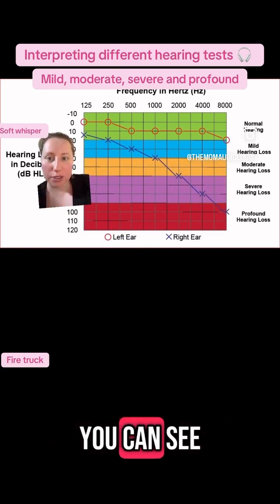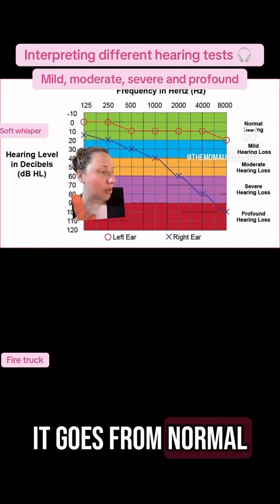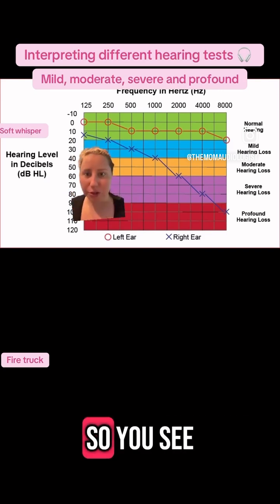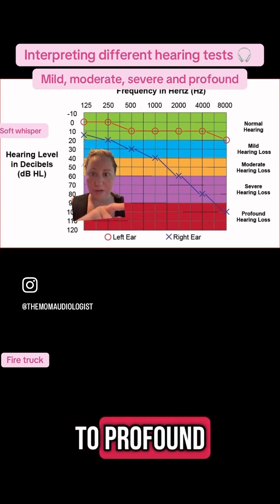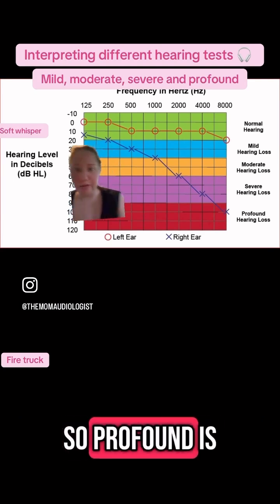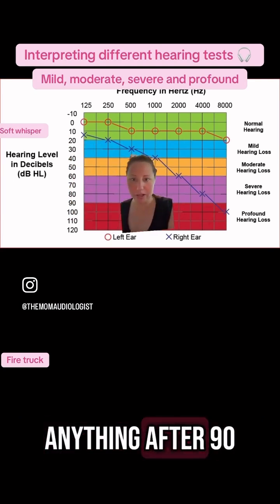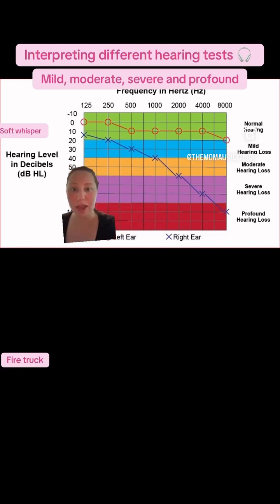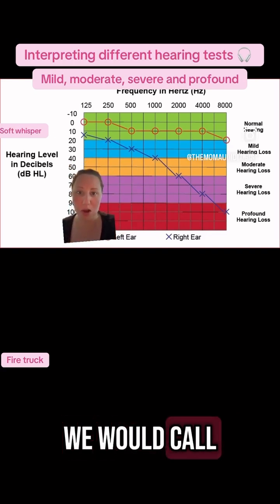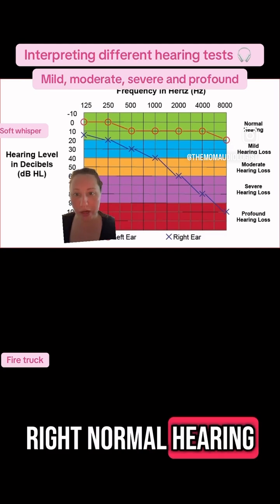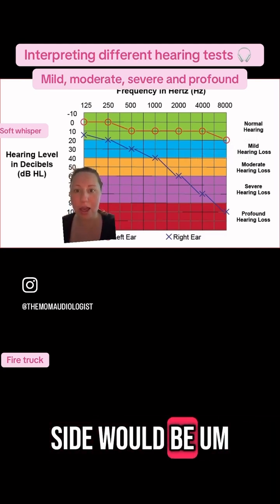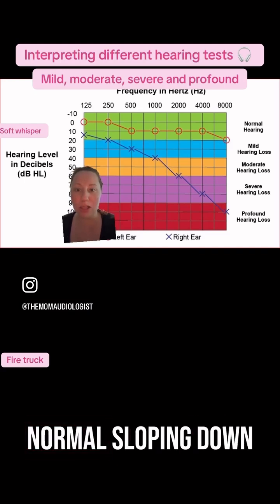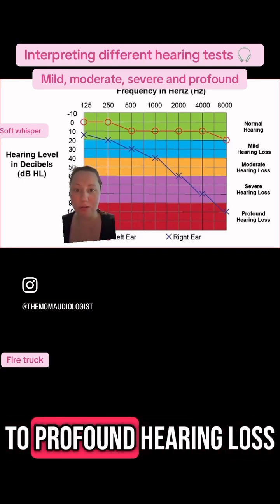Then the left ear goes from normal and slopes all the way down to profound. Profound is anything after 90. So we would call this essentially normal hearing on the right side, and the left side normal sloping down to profound hearing loss.